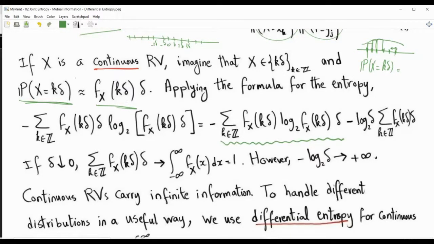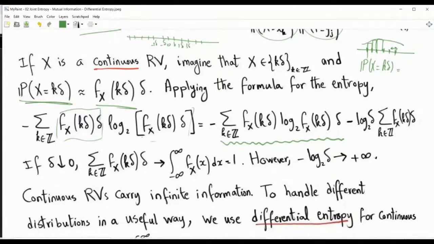So this is like creating a discrete random variable from the continuous random variable, because for a discrete random variable we know how to define the entropy. At least we took this expression for granted: it is minus the summation, with the probabilities and then the logarithm. Of course, there is something I didn't talk about, which is that I started by talking about discrete random variables that take finitely many values.